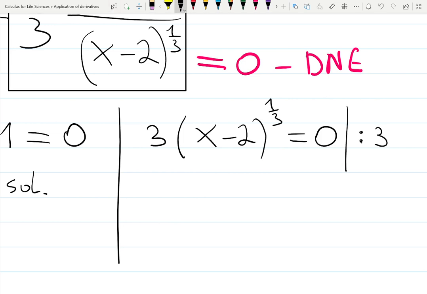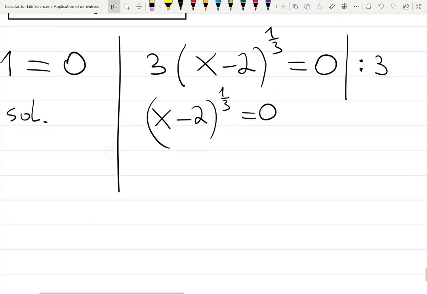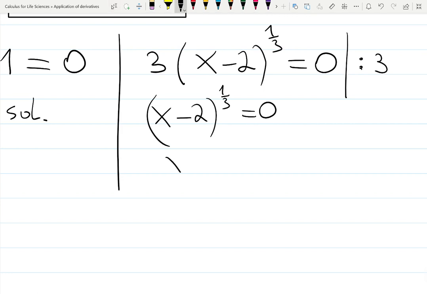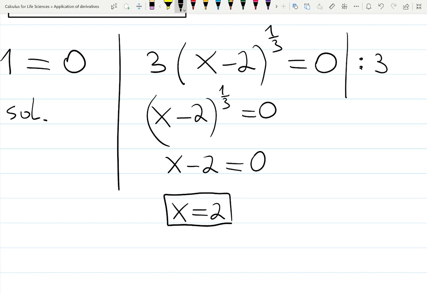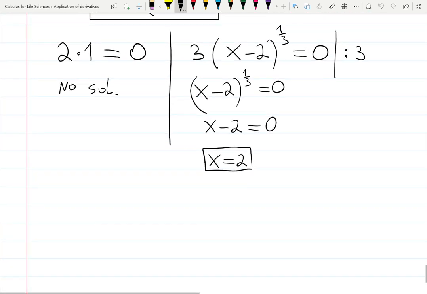Divide by 3. (X minus 2) raised to the 1/3 equals 0. Raise everything to the 3rd power. X minus 2 is 0 to the 3rd power, which is 0. X equals 2 is a critical value because the derivative there does not exist, but it's also because it's in the domain. So I will write down the note.